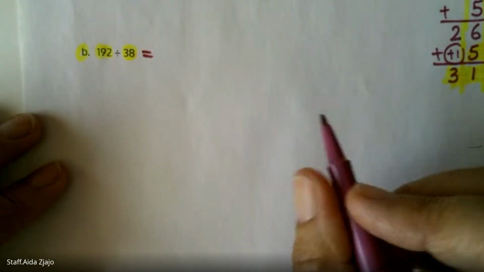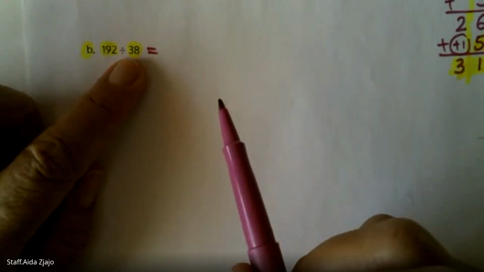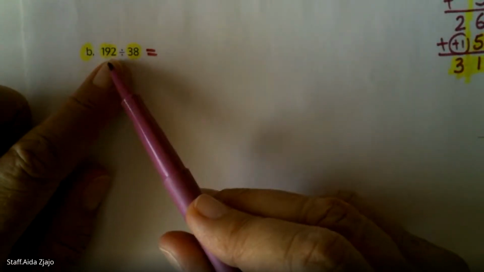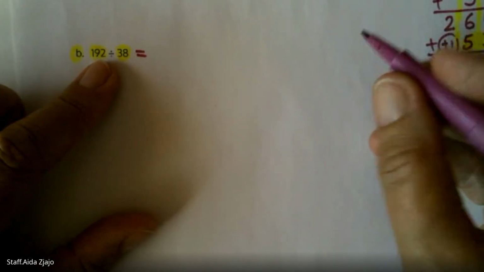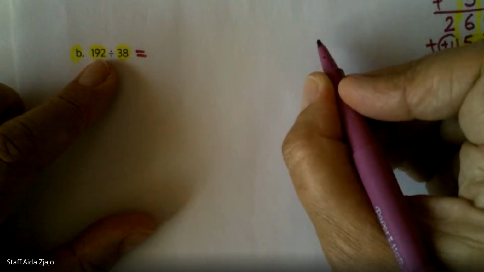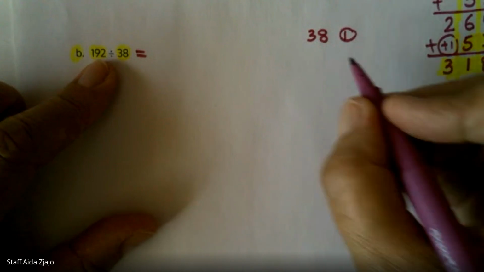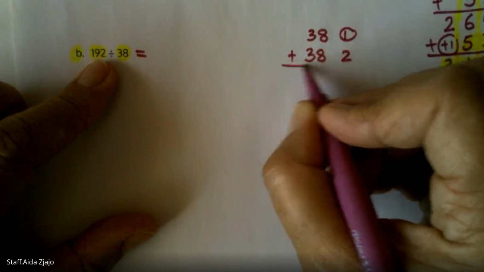Equals. So if you are struggling with division, it is nothing but equal sharing. So how many groups of 38 are in 192? You can just start on the side thinking, okay, if this is 38, that's one group. If I add one more group, that would be 2.